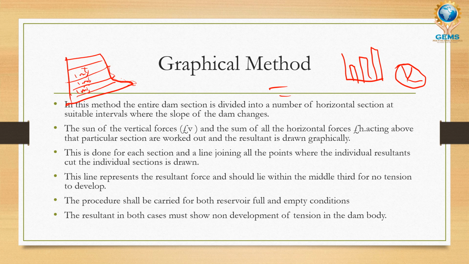The same thing applies if you are analyzing any type of dam; this graphical method is adopted. The second point is that the sum of the vertical forces and the sum of all horizontal forces acting above the particular section are worked out, and the resultant is drawn graphically like this.